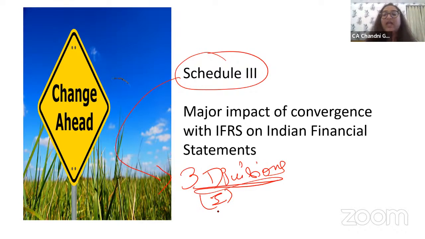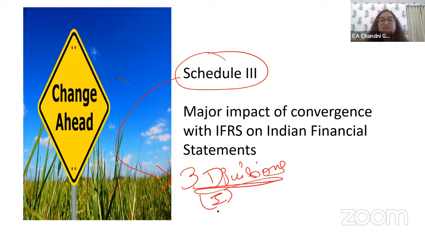As Alok sir has explained, in India, as we speak, there are two sets of accounting standards. First is AS, which were applicable since the beginning. And second is Ind AS, which were applicable from year 15-16. Ind AS is applicable to a certain set of companies.